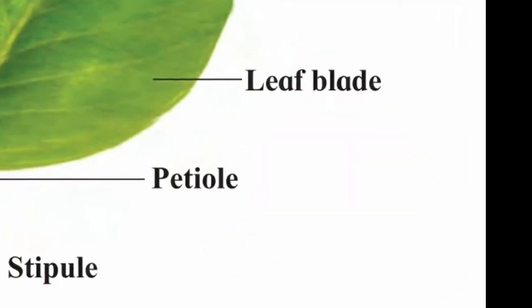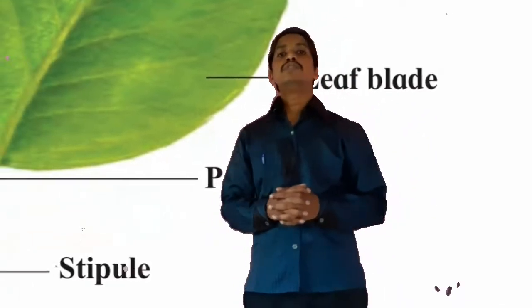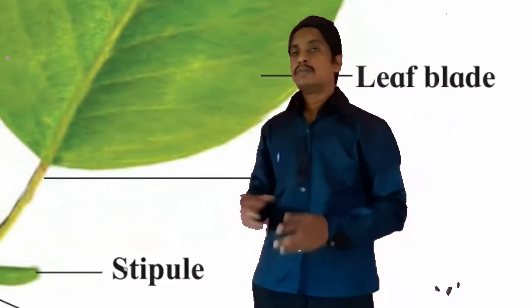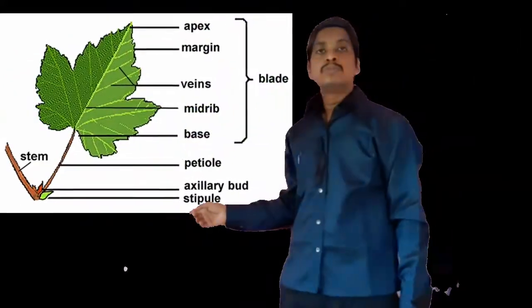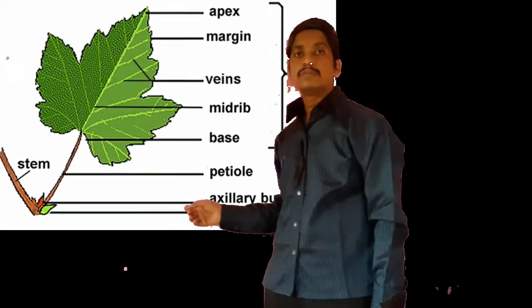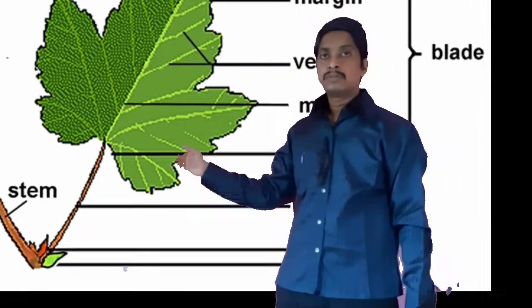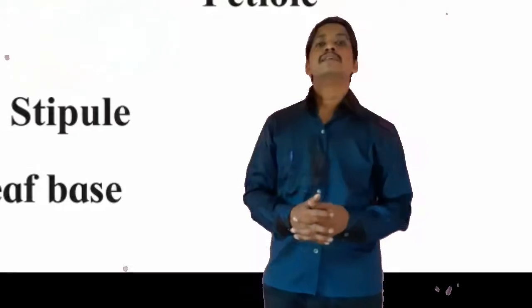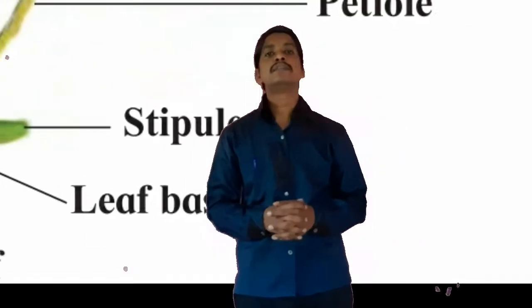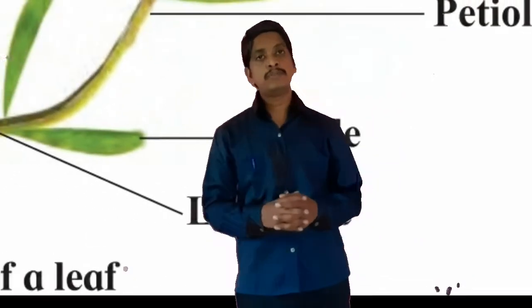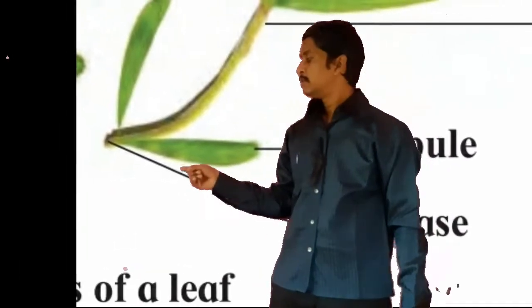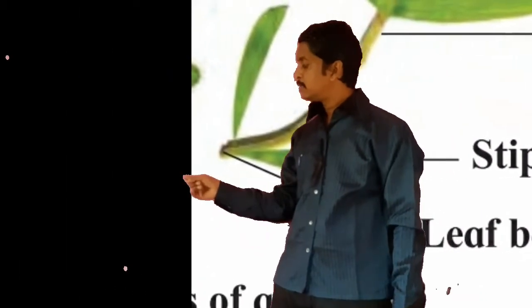Now, the petiole. The stalk of the leaf is called the petiole. Some leaves do not have petiole. These petioles attach leaves to the stem. The next part is the leaf base. Leaf base is the portion of the leaf which is attached to the stem.